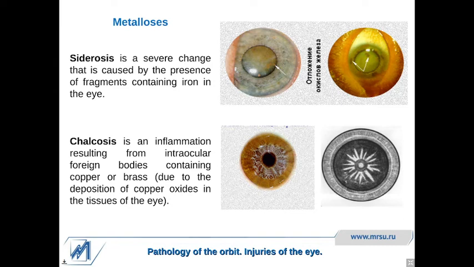And chalcosis is an inflammation resulting from intraocular foreign bodies containing copper or brass due to the deposits of copper oxides in the tissues of the eye. Specific changes in the iris and in the lens are presented here.